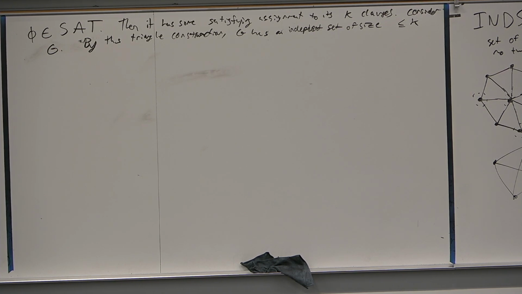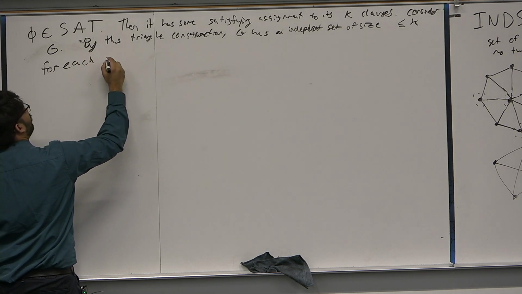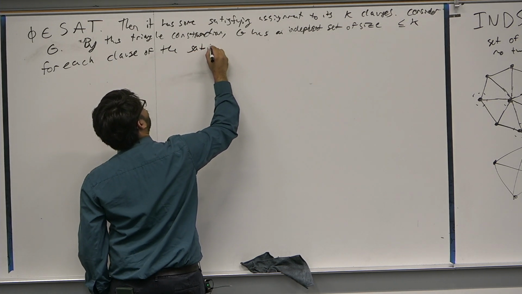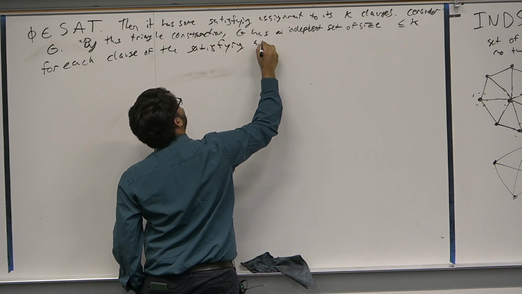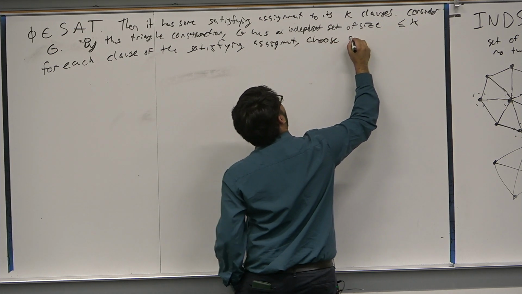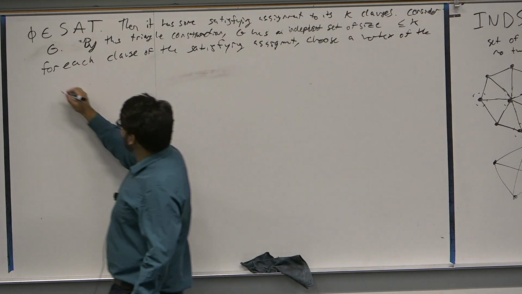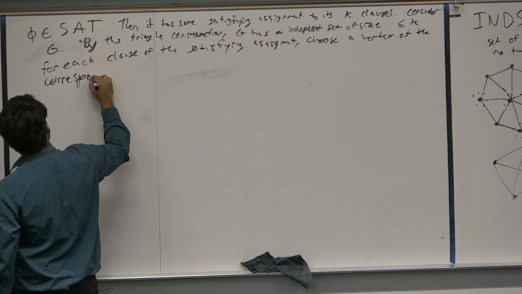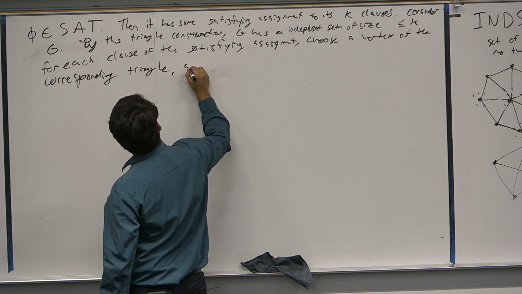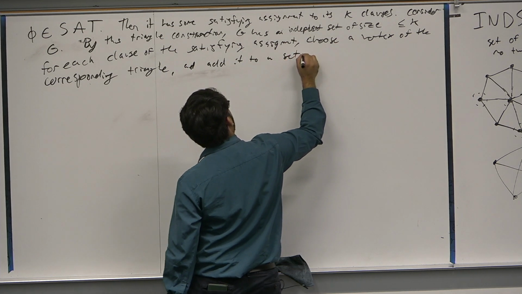Now if phi has a satisfying assignment, for each clause of the satisfying assignment, choose a vertex of the corresponding triangle and add it to a set.